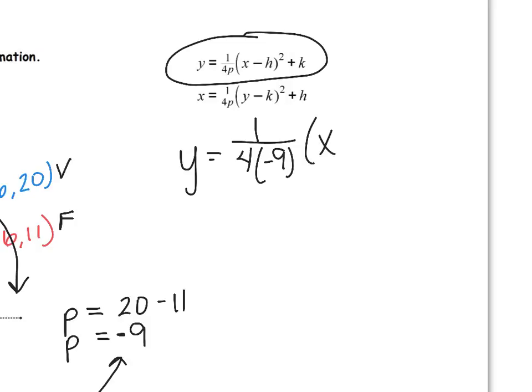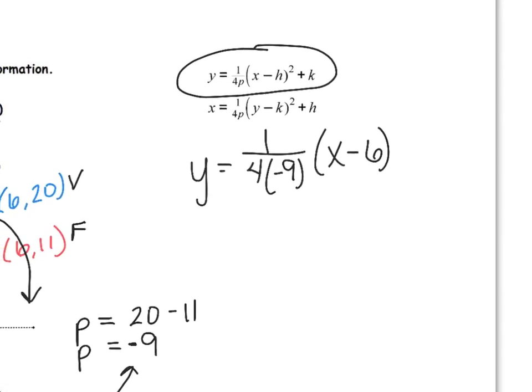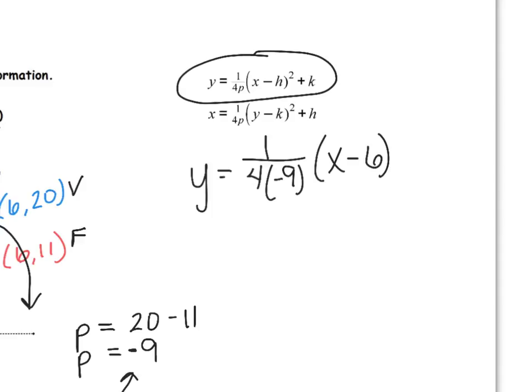In this case, that would be x minus 6 squared. Plus k, the y coordinate of the vertex, which is 20. Since I can't see it on my screen, I'm going to write it up here. The vertex was at 6, 20, and this is what we call h, k.